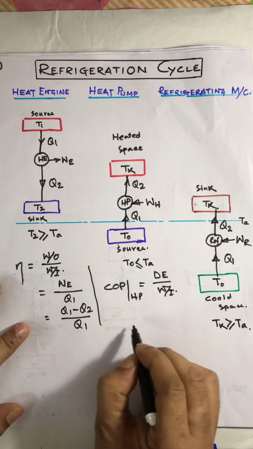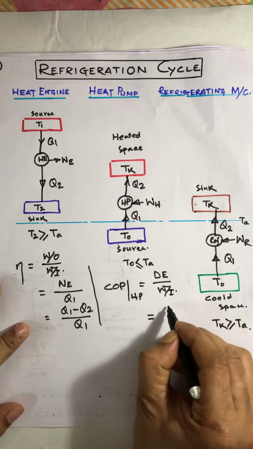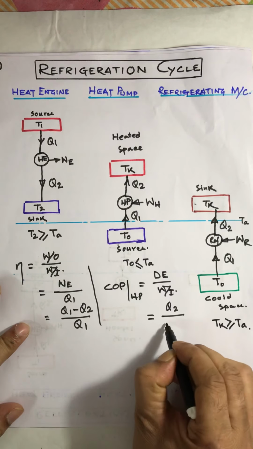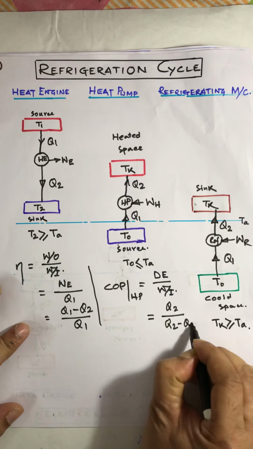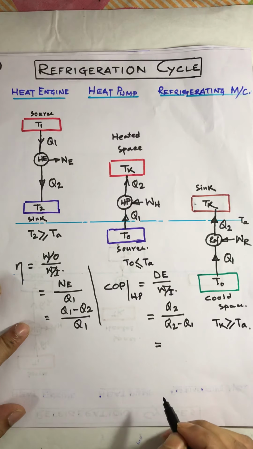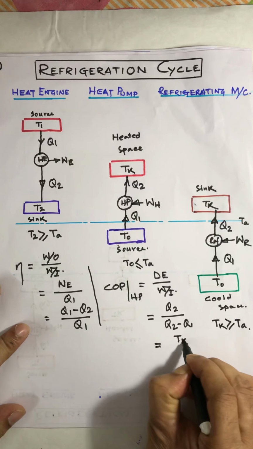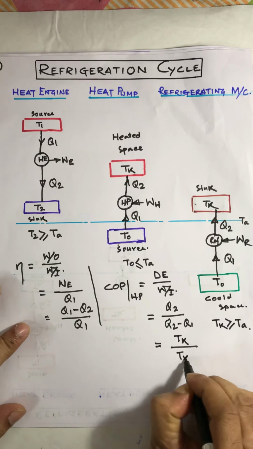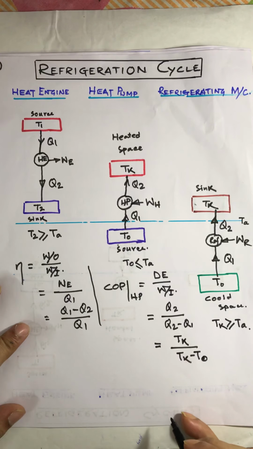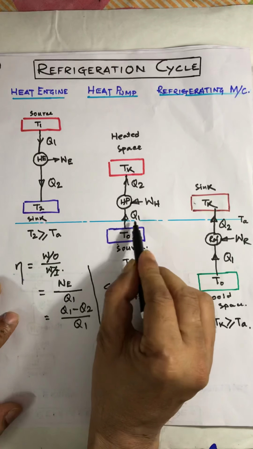So, for the heat pump, the desired effect is Q2. And what is the work input? Work input is Q2 minus Q1, and that can be written from the basic relation as Tk divided by Tk minus T naught, because the Q2 related temperature is Tk and the Q1 related temperature is T naught.